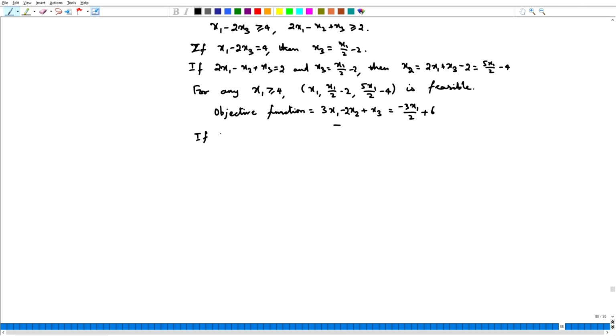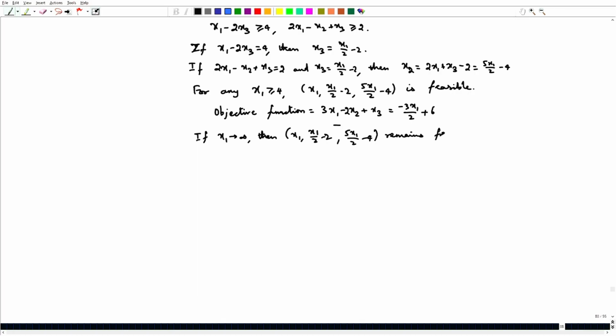If x1 tends to infinity, then x1 by 2 minus 2, 5x1 by 2 minus 4 remains feasible, but the objective function goes down to minus infinity. Okay. So, that is the reason the problem is unbounded.